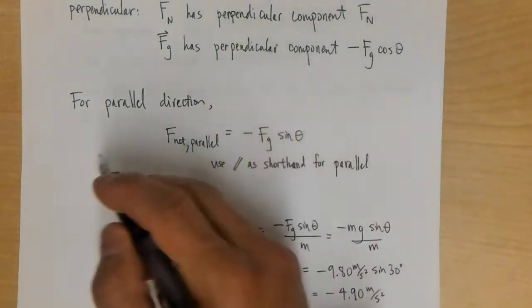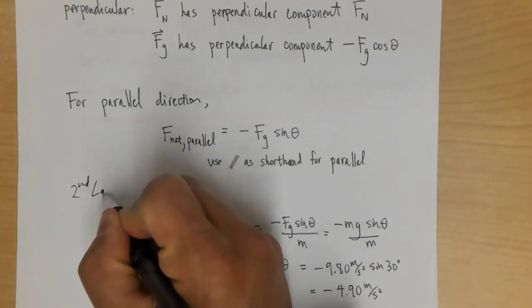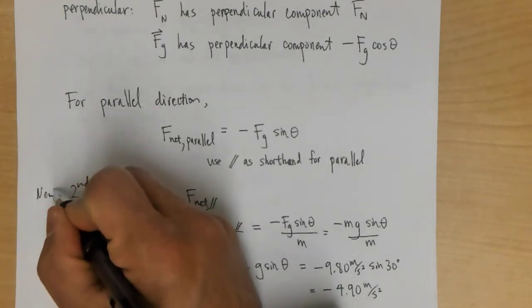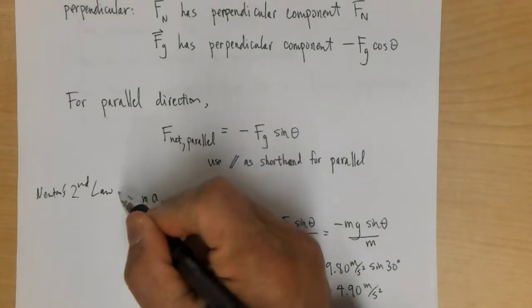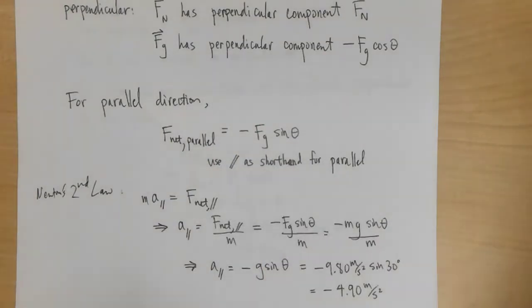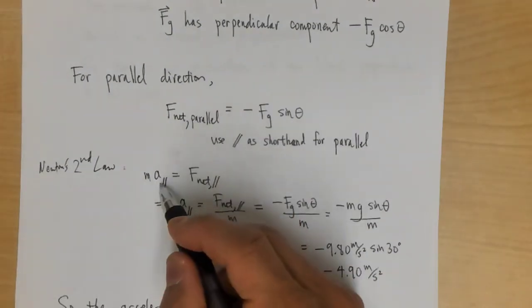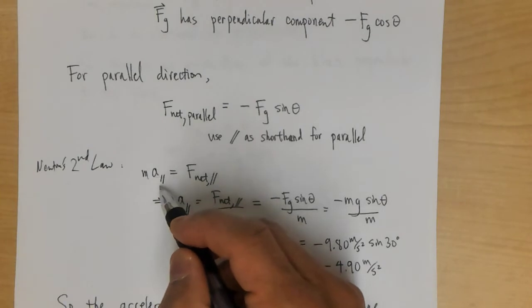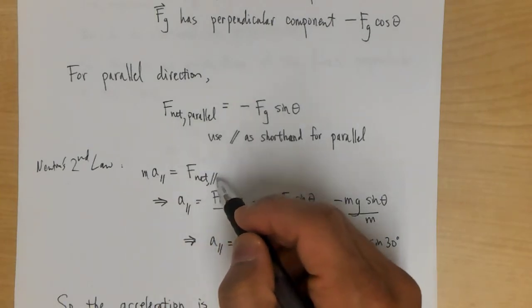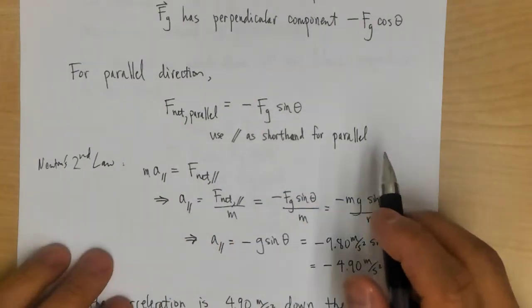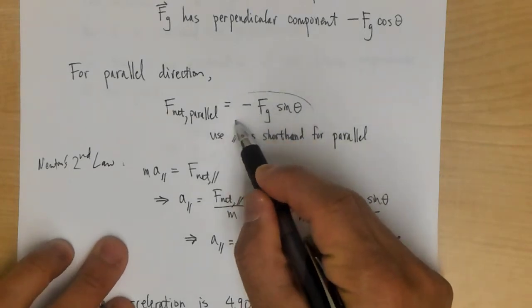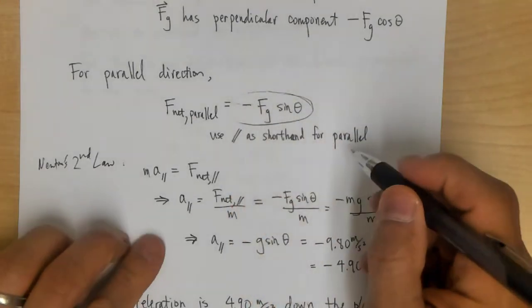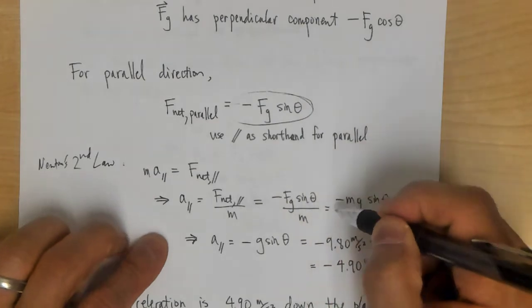now use Newton's second law. In the parallel direction, mass times acceleration in the parallel direction is equal to the force in the parallel direction. And we said that the net force in the parallel direction is minus Fg sine theta.